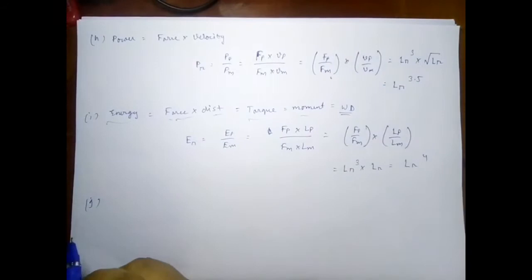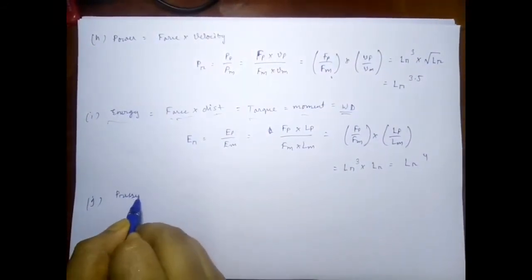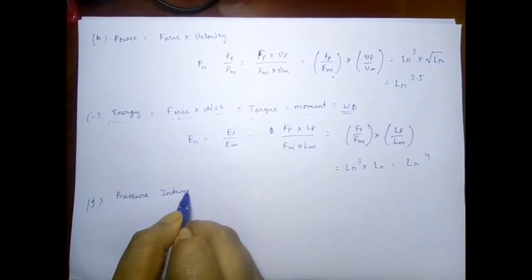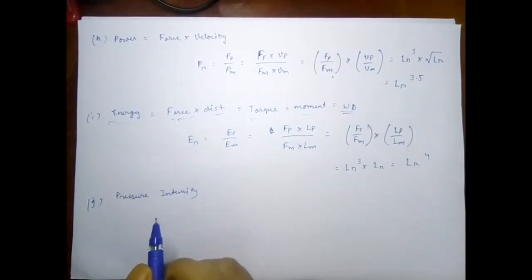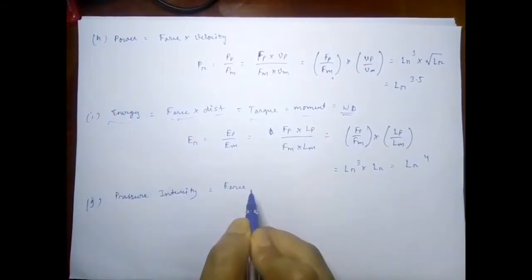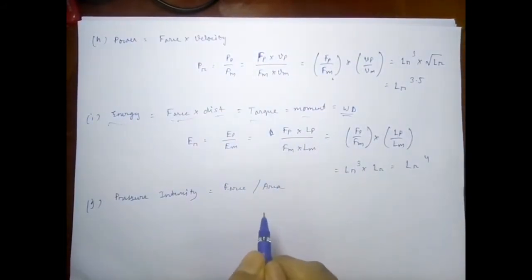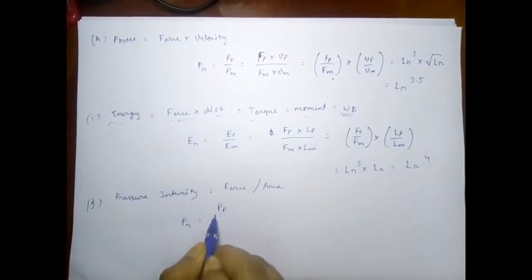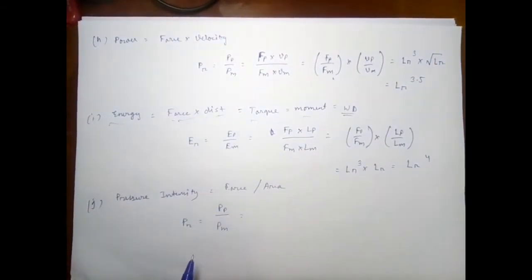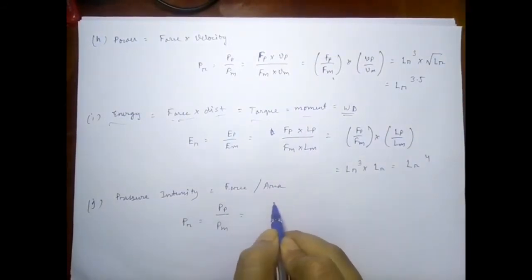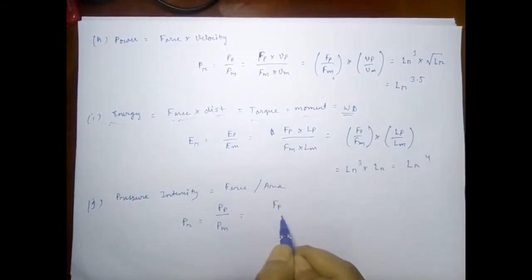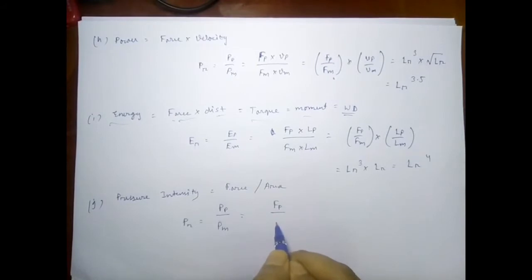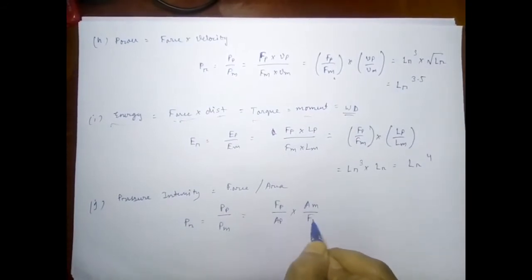Finally, we have the pressure intensity. So pressure intensity is force upon area, and thus we will write PR is equal to PP upon PM, which is equal to Fp upon AP multiplied by AM upon Fm.